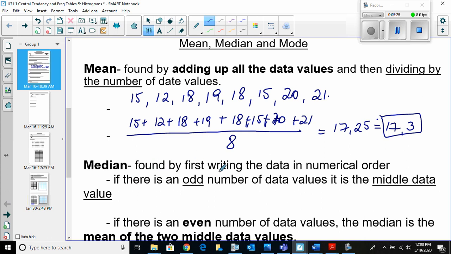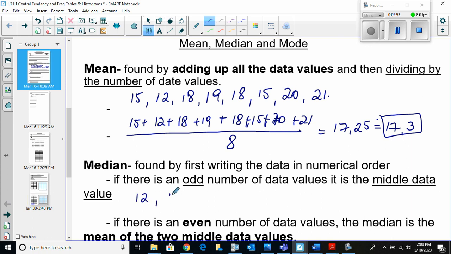Median is found by writing the numbers in numerical order from increasing to decreasing. And then if the number of data values is odd, then we will pick the middle one. If the number of values is even, then we'll find the mean of the two middle values. Let's have an example, and we'll have one that is sorted already.